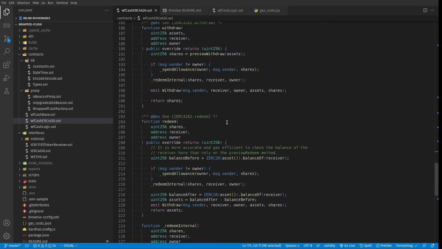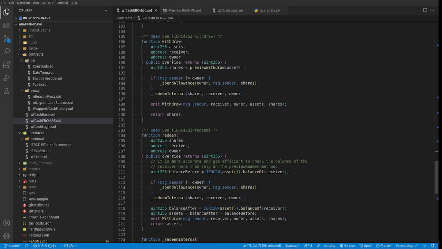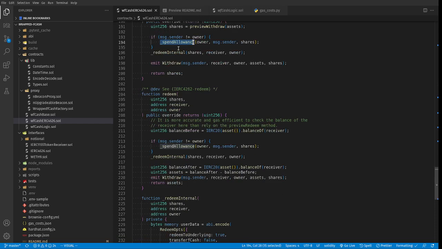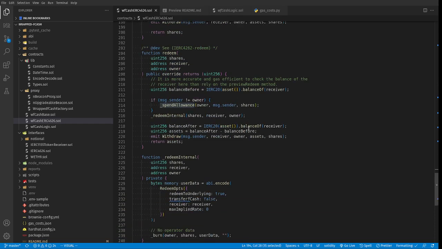I think the main special behavior here is that in ERC4626, if a message sender is given allowance, it can withdraw and redeem for an owner. So we're going to spend the allowance here, and this is an OpenZeppelin function that will check the allowance.